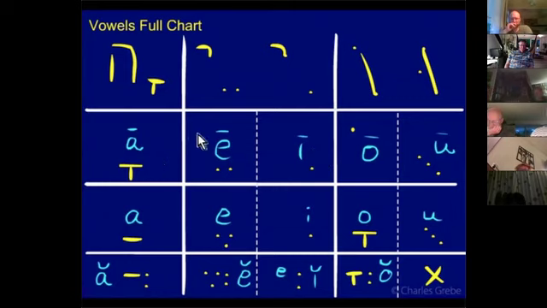Now historically long vowels take a circumflex. Where am I going to put this here? It's just where I can find a spot, eh? So A with a circumflex. Likewise E with a circumflex. And I with a circumflex.